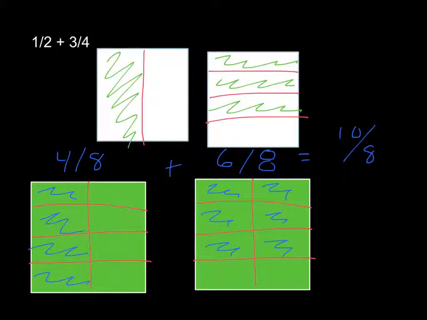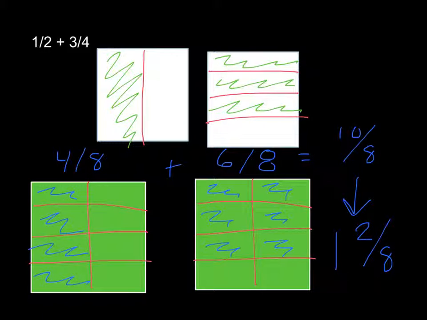Now that's not a simplified answer. The easiest way that I would simplify this is to say, what is 10 divided by 8? I know that 8 goes into 10 once, and I have 2 pieces left over, so I must have 2/8.